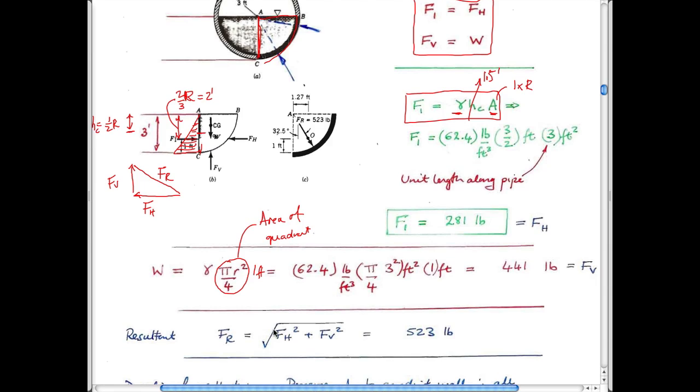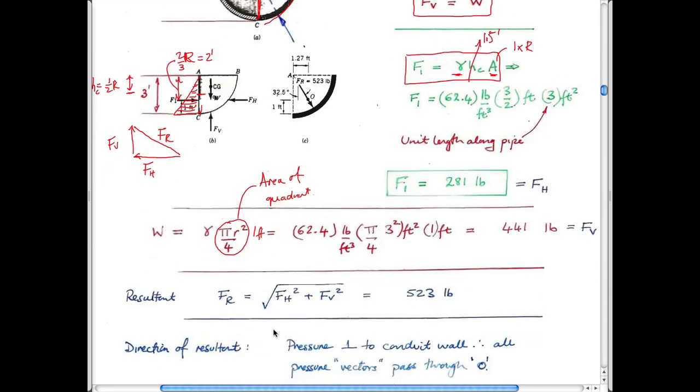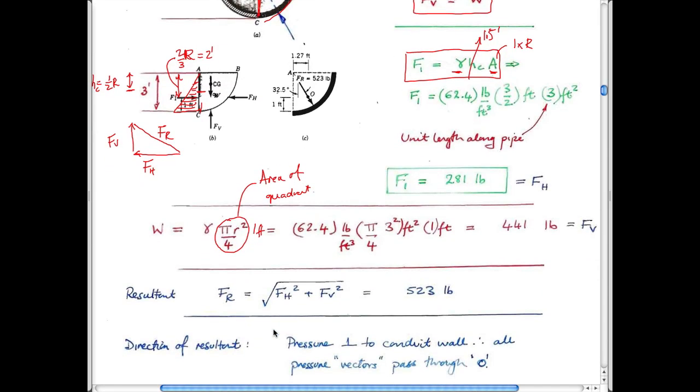We know the vertical reaction, we know the horizontal reaction, we know the vector sum of those reactions, the resultant, in other words, which is F sub r. And the other thing that we don't know but you could surmise is where it acts. We know that everywhere along this contour, the fluid pressures are acting perpendicular to this circle, and so they must act through this point here, and so by definition the resultant of these must also act through this.